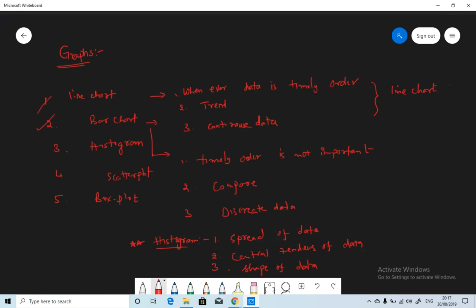Write down these three and let me know once it is done. So this can be done statistically. We are talking about how we need to interpret graphs statistically.